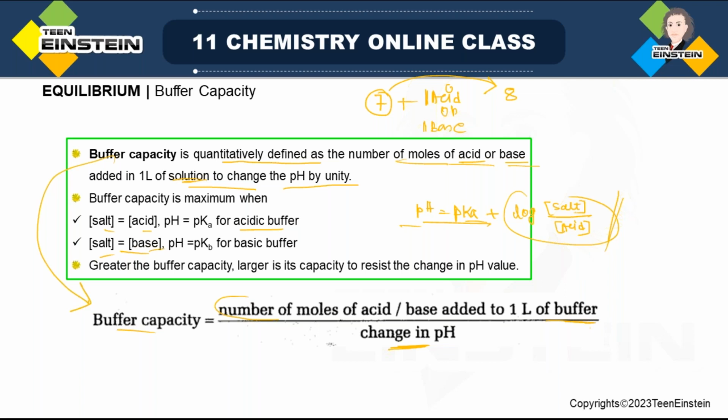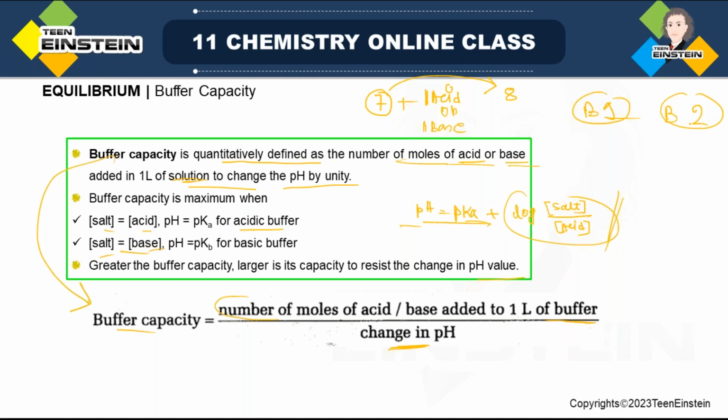So this is the definition. And an important point: the greater the buffer capacity, the larger is its capacity to resist the change in pH value. Suppose we have buffer solution 1 and buffer solution 2, with different buffer capacity values. When the buffer capacity is high, its resistance to change in pH is also high.